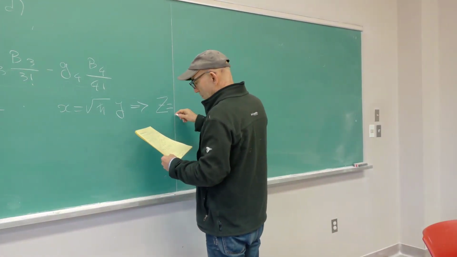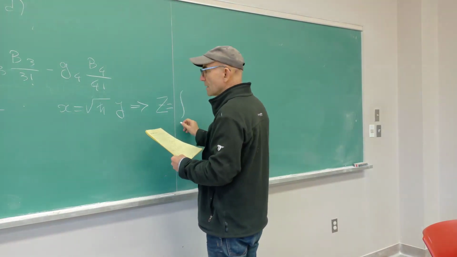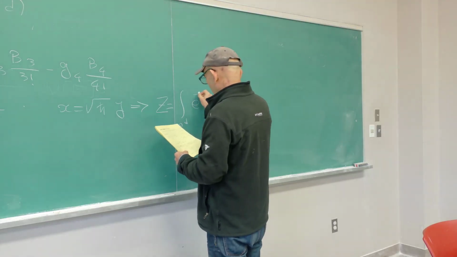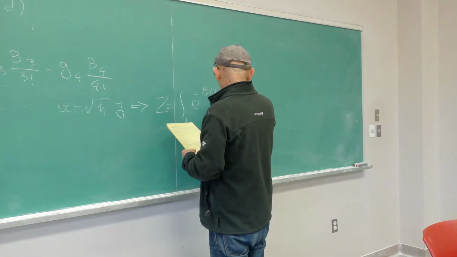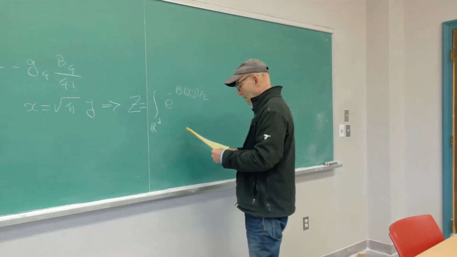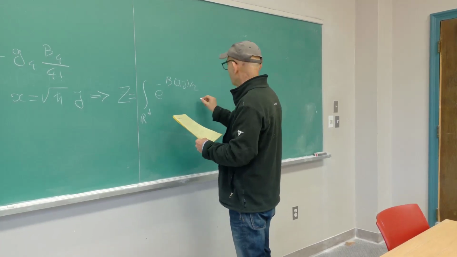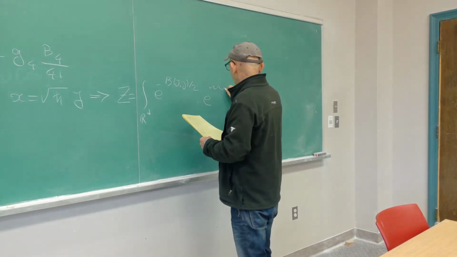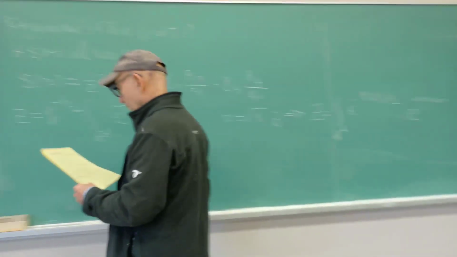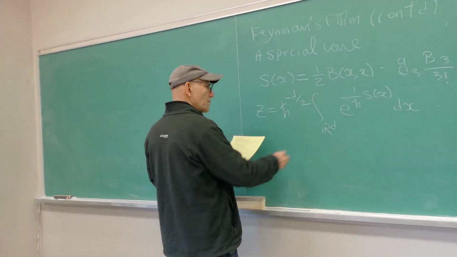So this becomes equal to the integral over R^d again of the exponential of minus b(y,y) over 2, a Gaussian, times the exponential of some stuff here. I don't write this stuff, but you know what that stuff is.